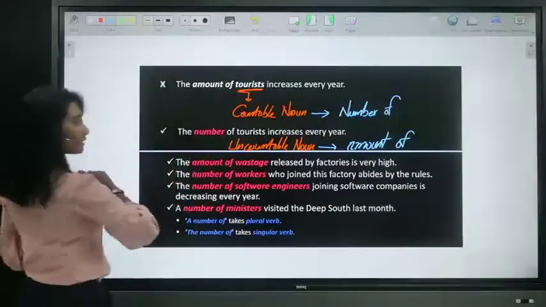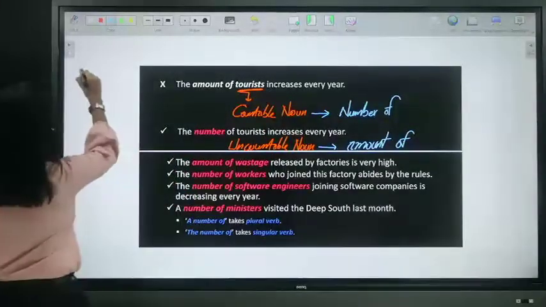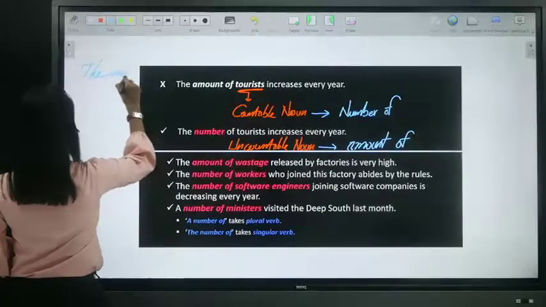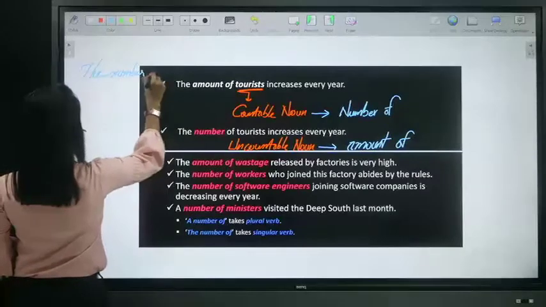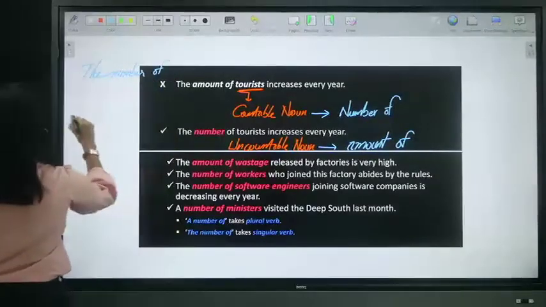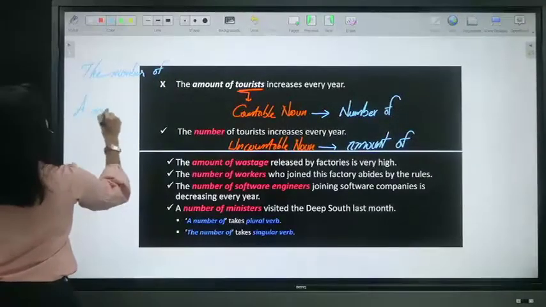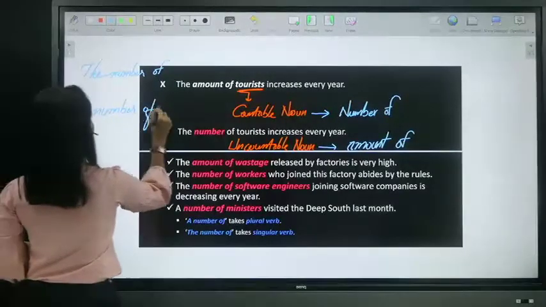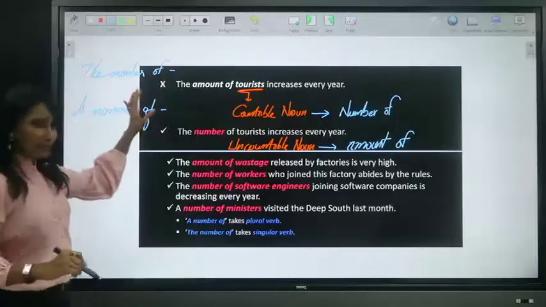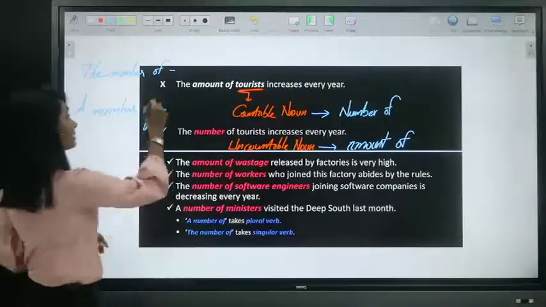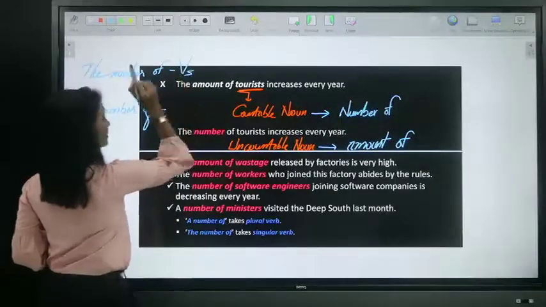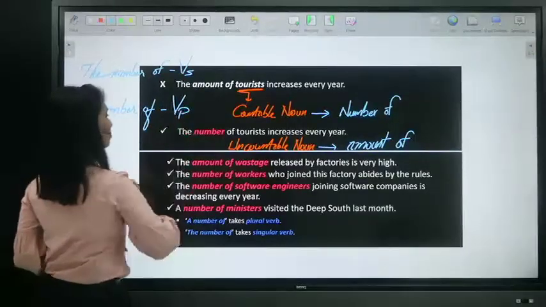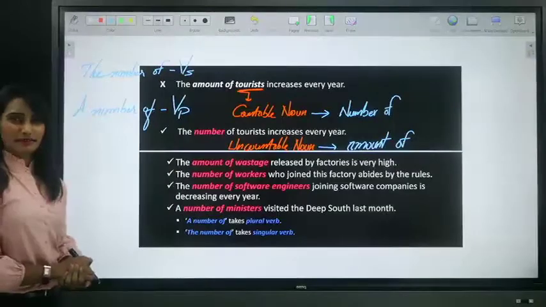And one more thing here is, you should know the difference between the number of and a number of. The number of always takes a singular verb, whereas a number of always takes a plural verb. Why?